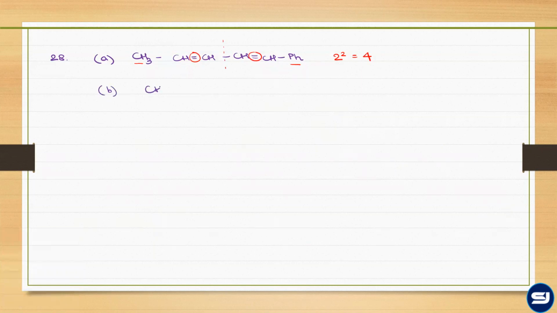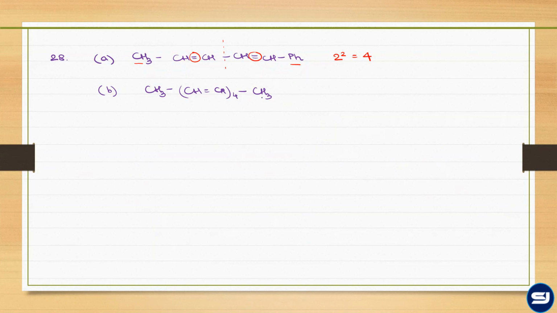Then B, we have CH3 with a CH double bond CH 4 times and CH3. What can you comment on this? All the double bonds would be the geometric centers, but with the methyl group at the terminal position, the molecule has a symmetry.